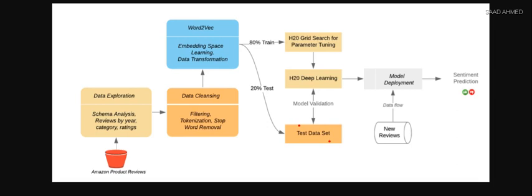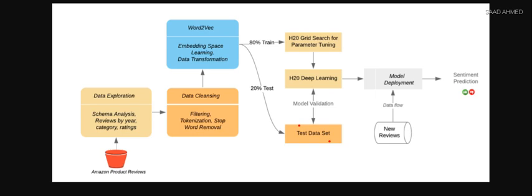If you look at this block diagram, you can clearly identify where you should be applying your deep learning methods. If you start from the beginning on the left side, this is data exploration, where some product reviews data is collected, and cleaning of data is performed here. Then comes the embedding part.